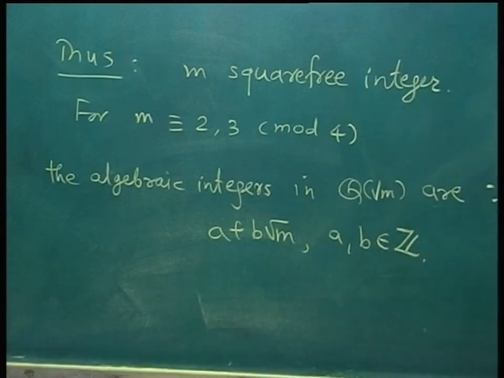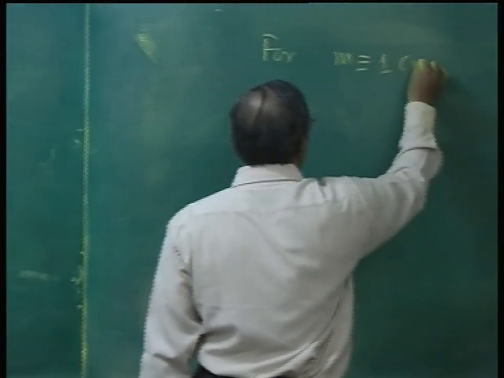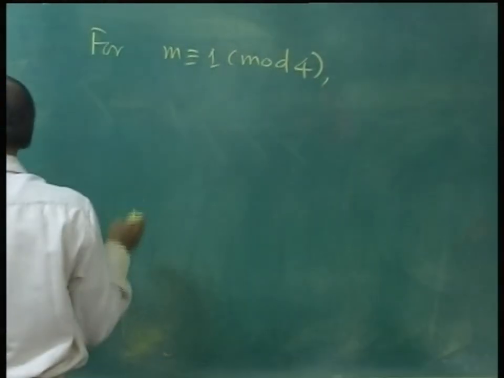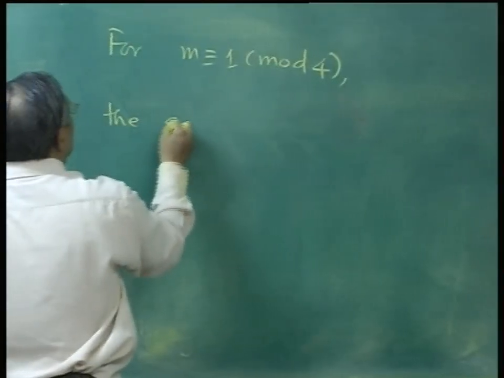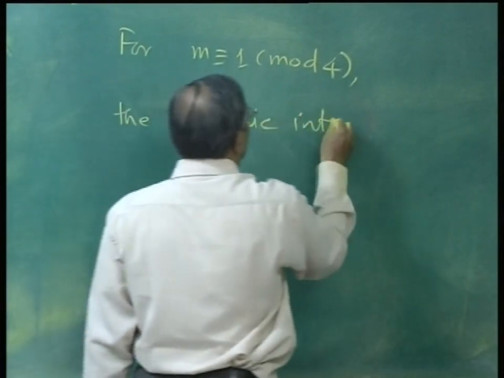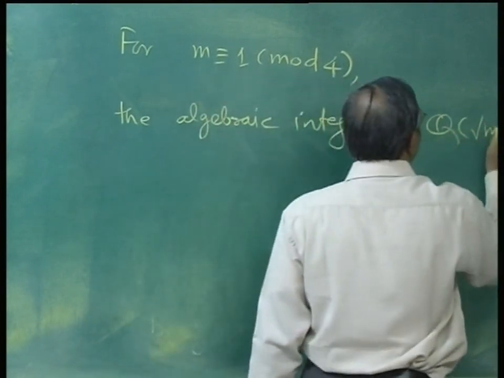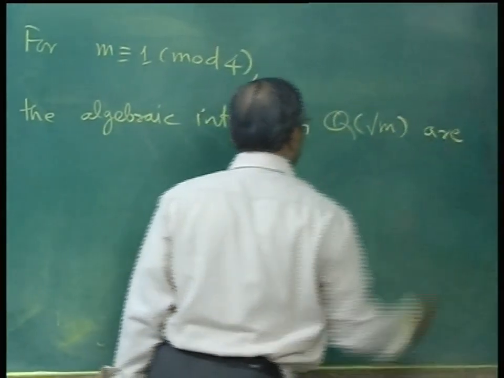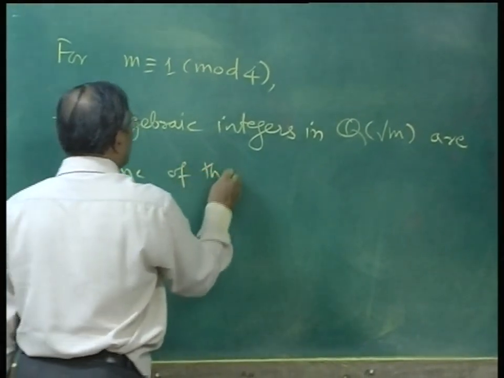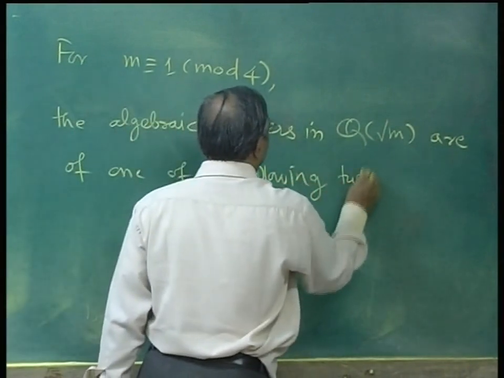So for m congruent to 1 mod 4, the algebraic integers in Q root m are of one of the following two types.